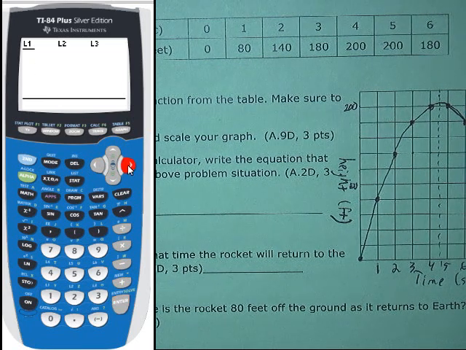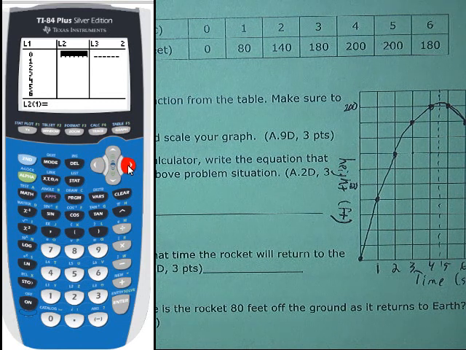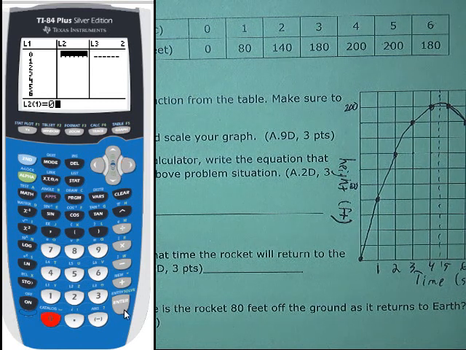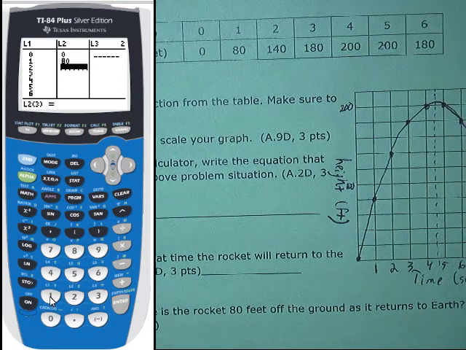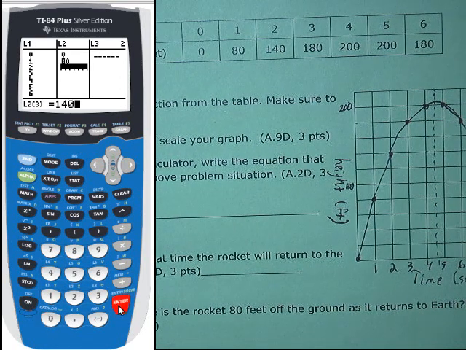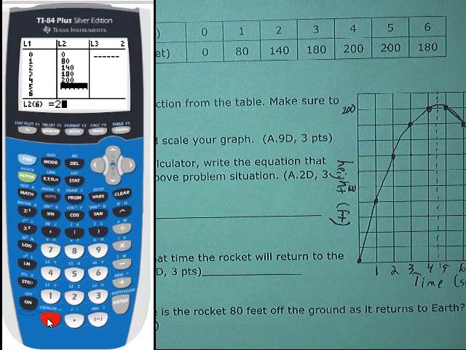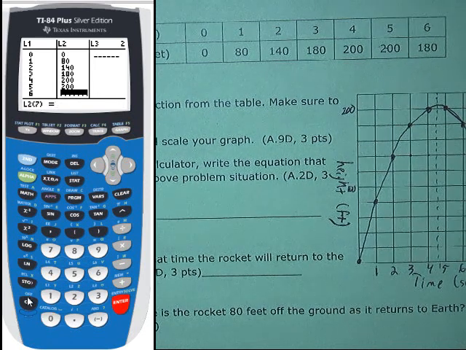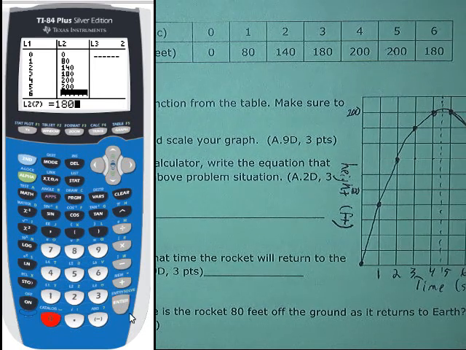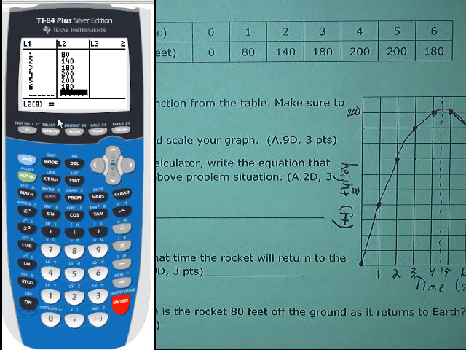Now I want to put in my dependent, or in this case my height values: 0, 80, 140, 180, 200, 200, and then 180. The important thing to keep in mind is that these have to go in as ordered pairs.